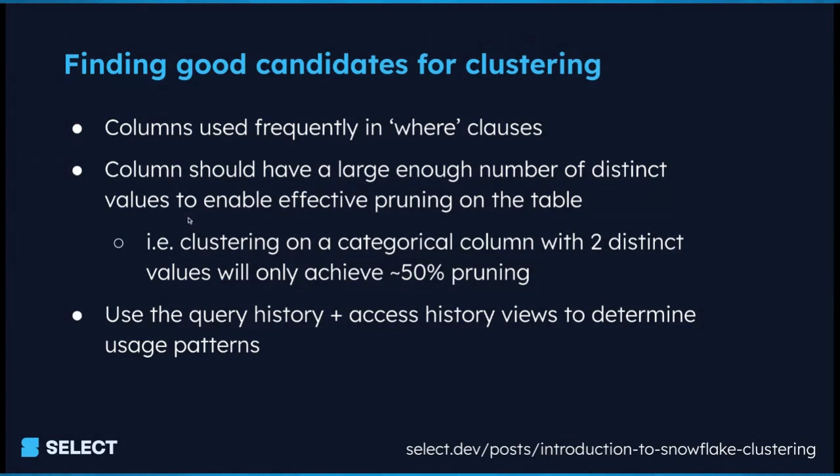If your column only has a couple of distinct values, say Canada and the US, it's actually a terrible example because the US is 10 times the size of Canada, so filtering on Canada would give about 90% pruning. But pretend they're perfectly distributed. With two distinct values, you're only ever going to get about 50% pruning if there's an equal number of rows for each value. So you want to pick something that has a large enough number of distinct values.